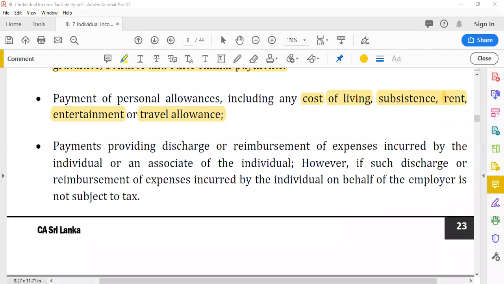Due to that, the Lux company gives that soap to you for only 20 rupees. So you are getting this benefit due to employment, right? You are getting that subsistence due to the employment.